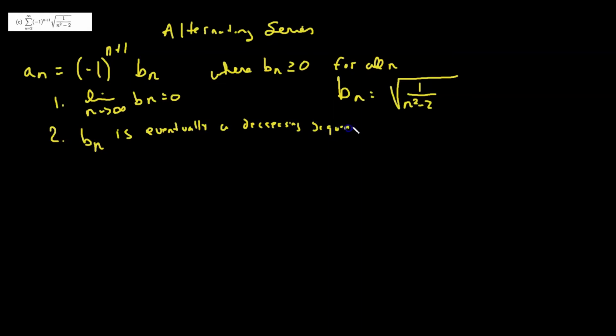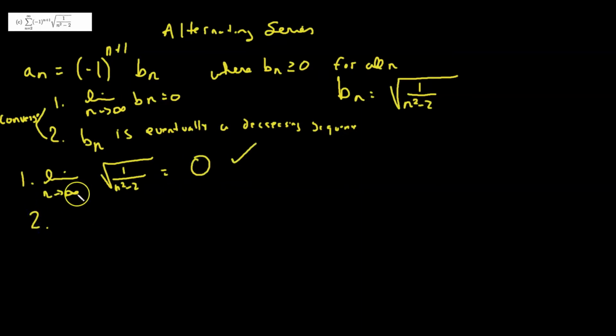Then we know it converges. So let's test them out. The limit as n approaches infinity of root 1 over n squared minus 2 is obviously 1 over a very, very large number, so it's 0, so that's a check mark.